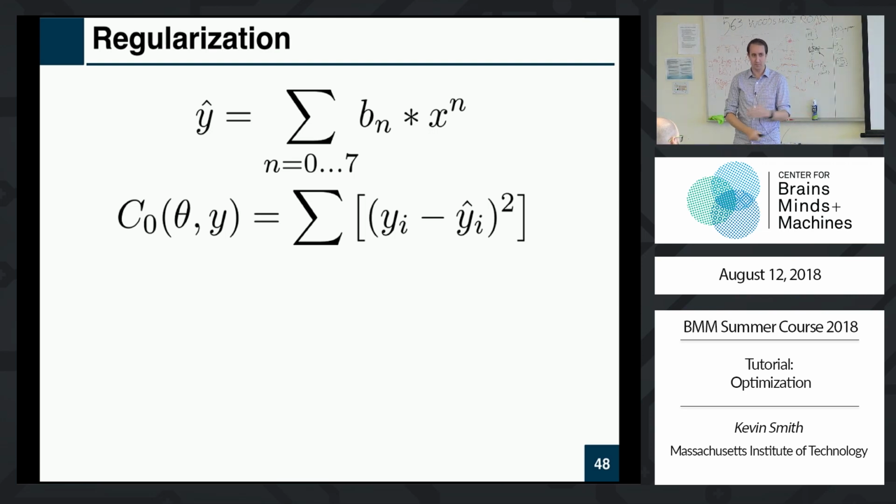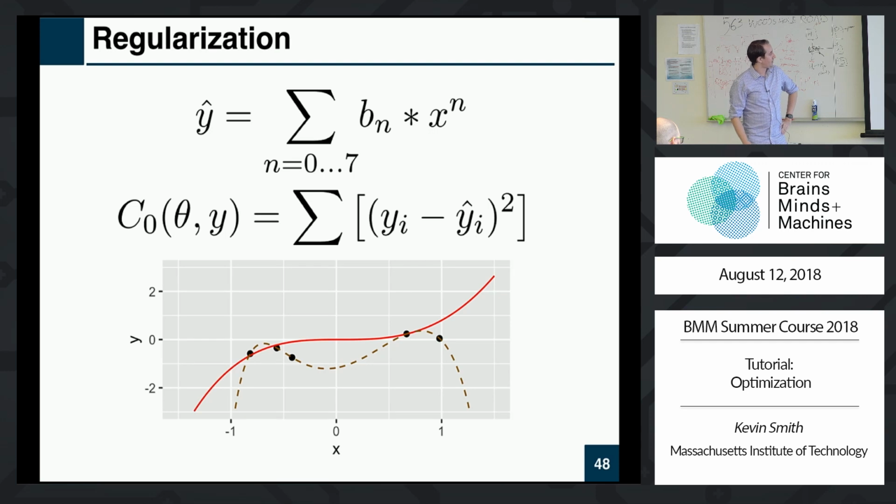Now, the nice thing about sum squared differences is this is actually equivalent to the likelihood if you assume unknown but constant variance Gaussian noise. So you can still think of this as the likelihood of observing this data under this sort of model plus Gaussian noise.